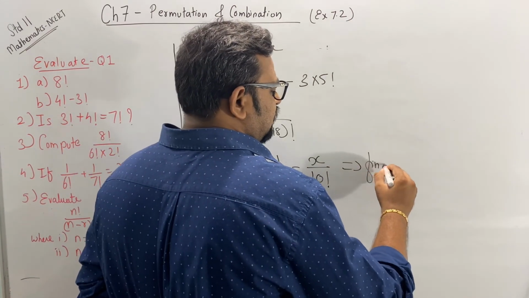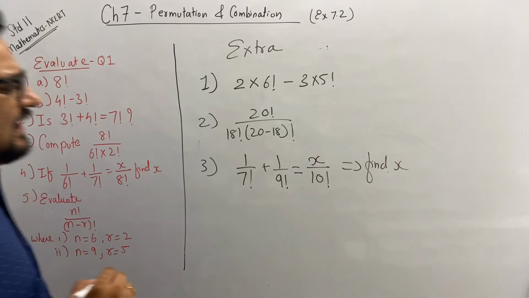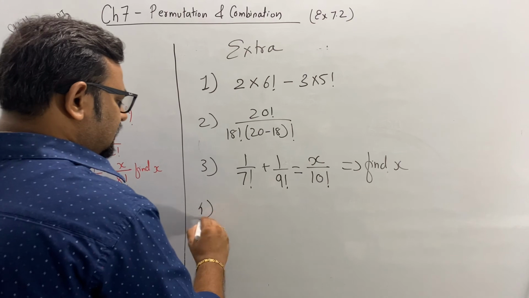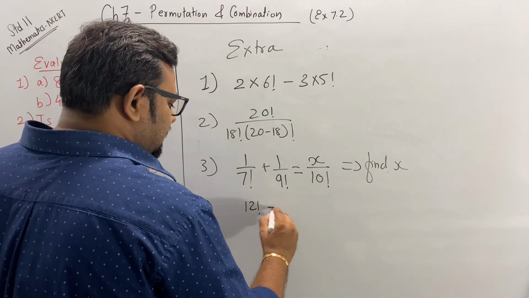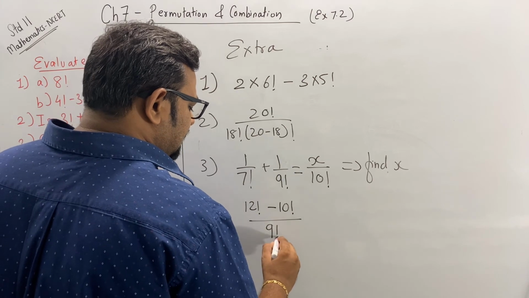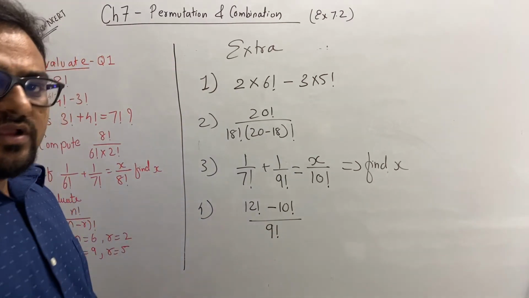You have to find x. This question is similar to question number 4. Okay, one more thing, let me write down: 12 factorial minus 10 factorial upon 9 factorial.